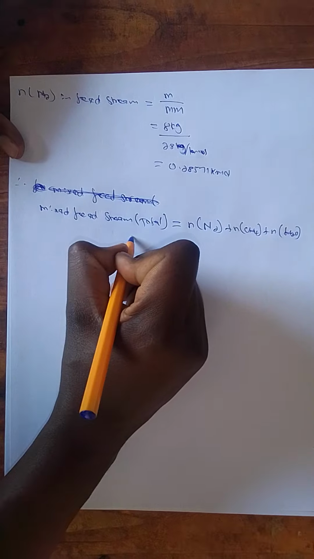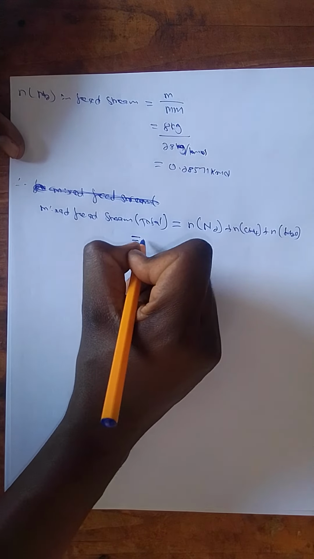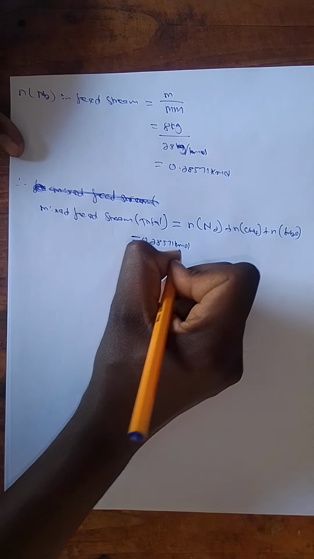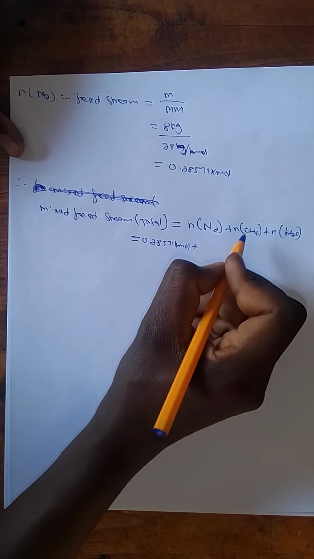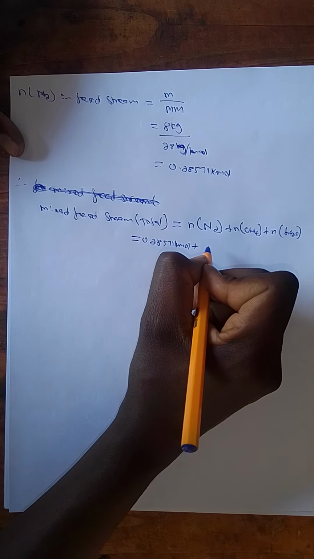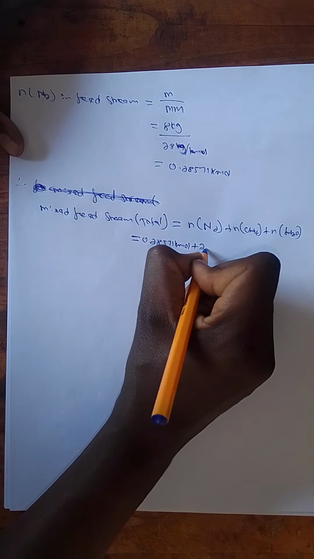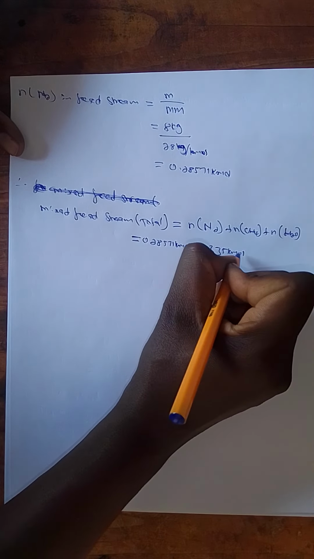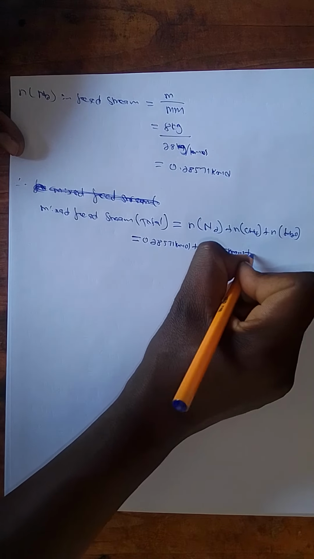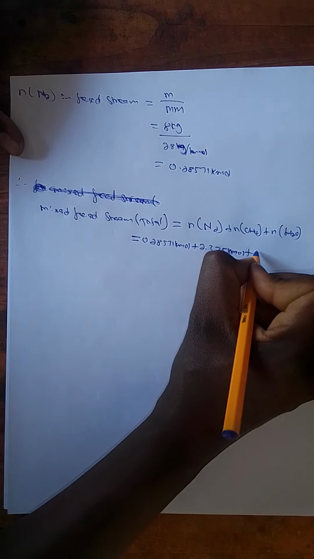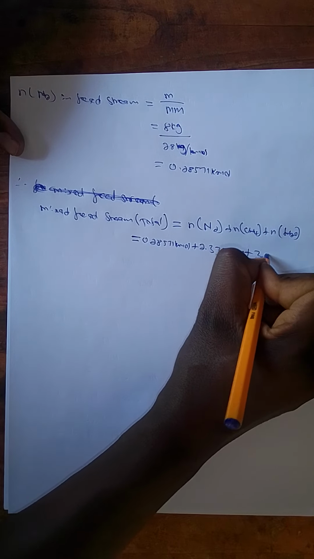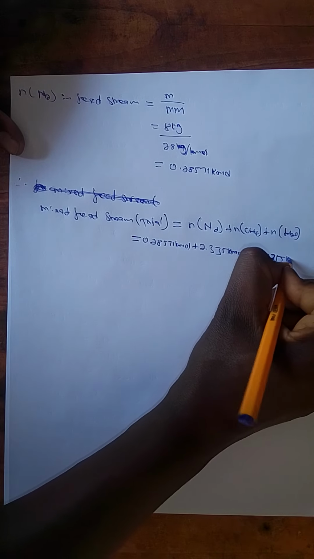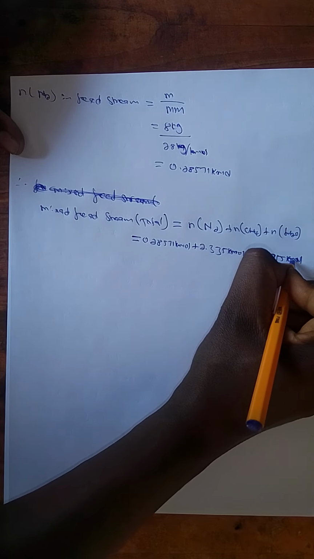And then it's equal to the number of moles of nitrogen, which is 0.28571 kilomole, plus the number of moles of methane, which is 2.335 kilomole, plus the number of moles of water, which is 3.0355 kilomole, right?